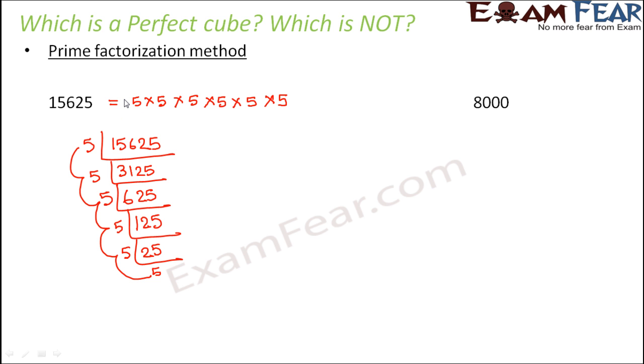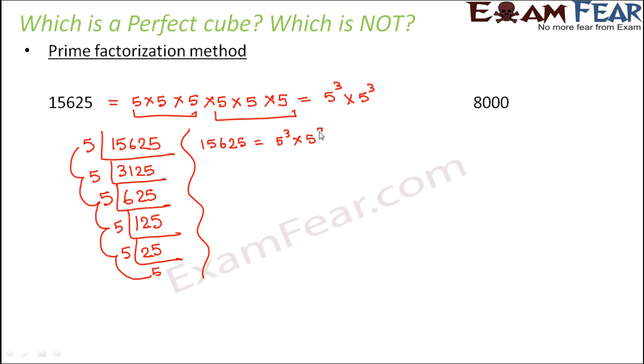Now let's divide it into groups of 3 numbers. Three 5s together will form one group, and again three 5s together will form another group. The first group can be written as 5 cube, and similarly the second group can be written as 5 cube. So overall, 15625 is equal to 5 cube into 5 cube.